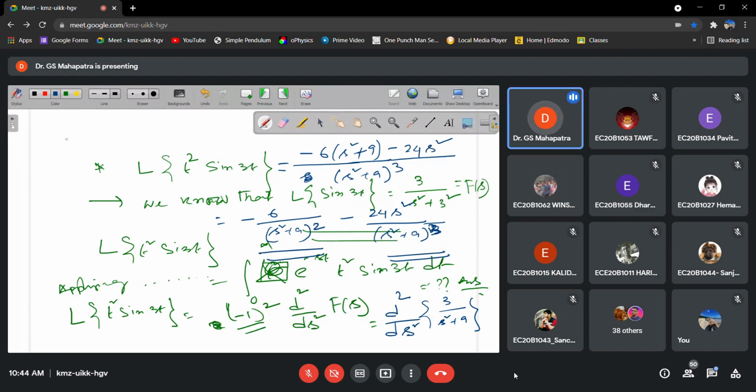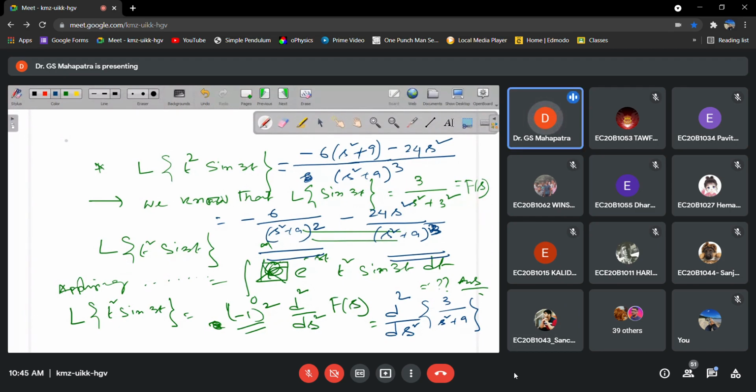Minus 6 into s square plus 9, minus 24. Oh, minus 24. Okay. Your roll number? My roll number is 43.